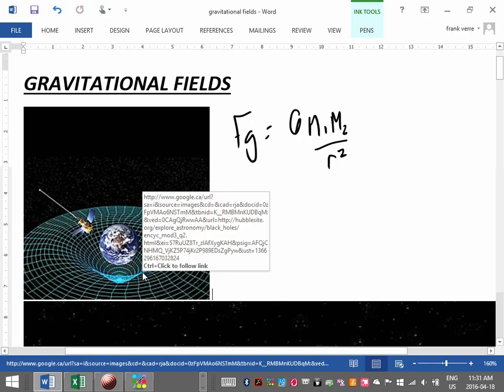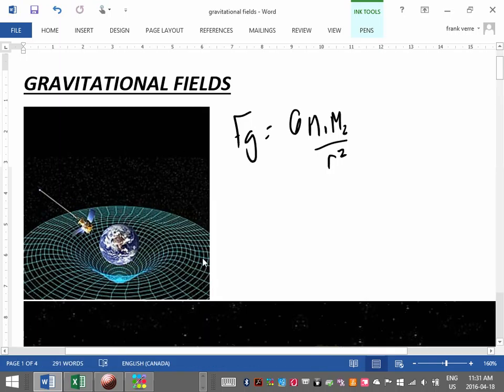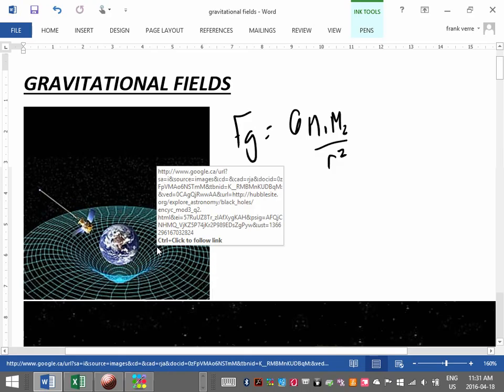That would include us. But the amount of space and time that we bend is so minuscule that you would never feel it. But a bigger object would bend it, and you would feel it. So what you're actually doing, if you're on a ledge, is just following that curvature, that invisible curve that you can't see. But that's what basically gravity is.